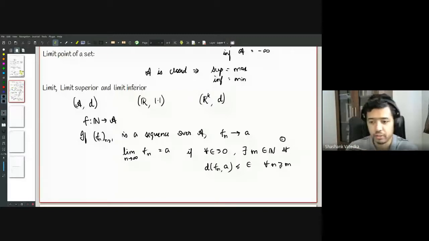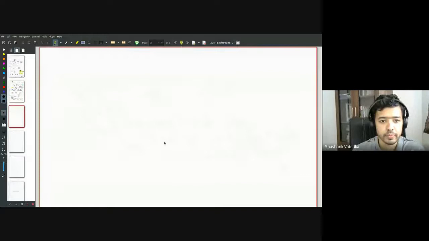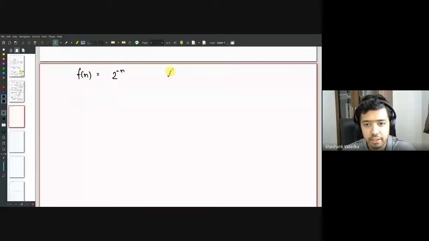Okay, so again, let's take an example. So let us take f of n equal to, say, 2 to the minus n. Okay, so we know that the limit exists, and that the limit as n tends to infinity of 2 to the minus n is equal to 0.